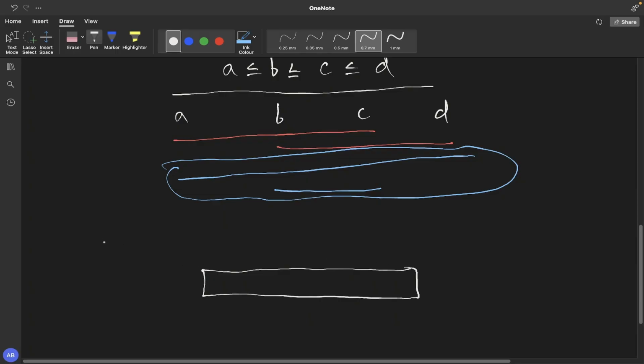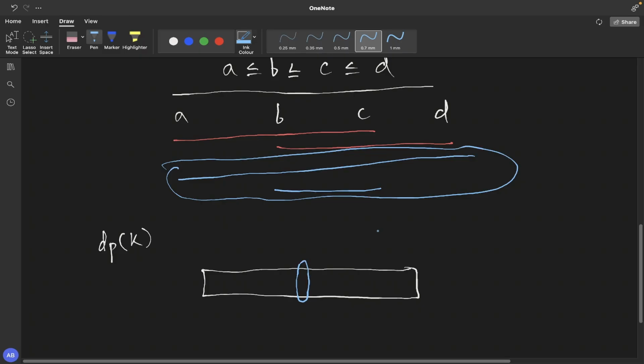So suppose I'm computing dp of k. I'm saying that this is my entire array. I want to look at its midpoint.